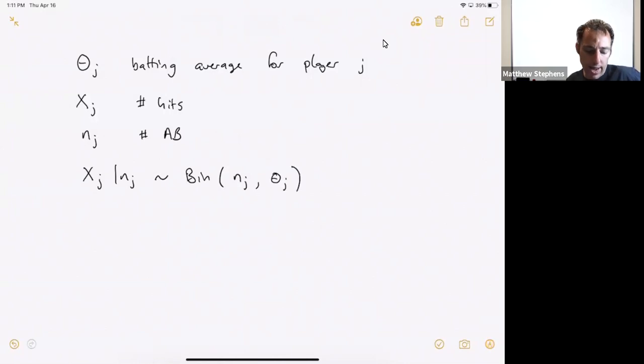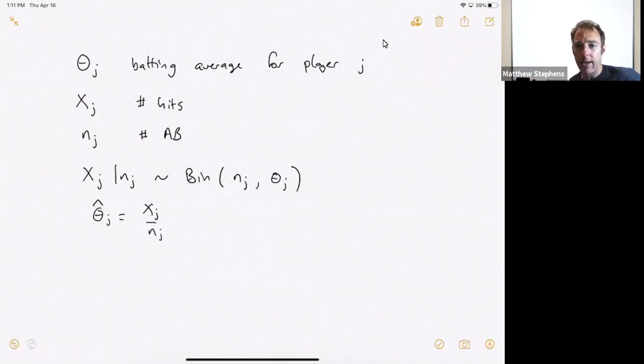Of course the maximum likelihood estimate for theta is just the number of hits that you observe divided by the number of at-bats.